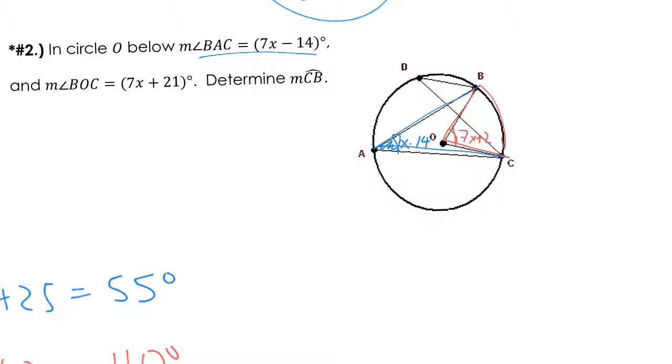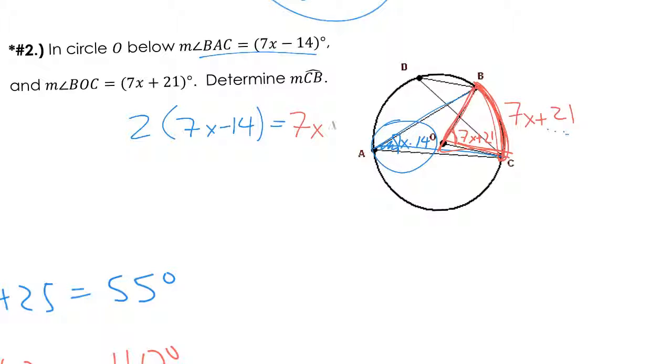So my central angle is equal to my arc that it's hitting, and BOC is hitting arc BC. So this is also 7x plus 21. Now my inscribed angle times 2 will equal my arc. So 2 times 7x minus 14 equals my arc, which is 7x plus 21. Then I would solve for x.